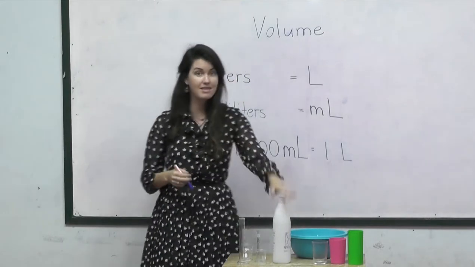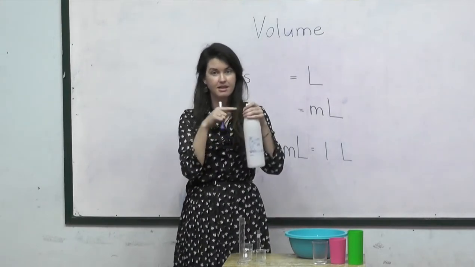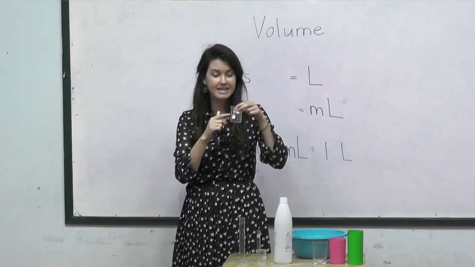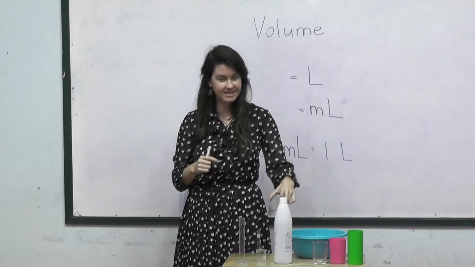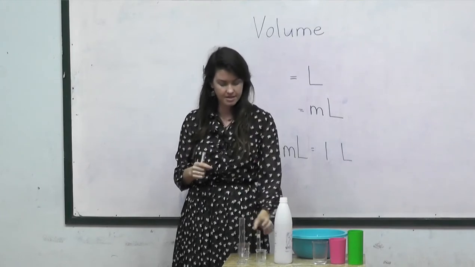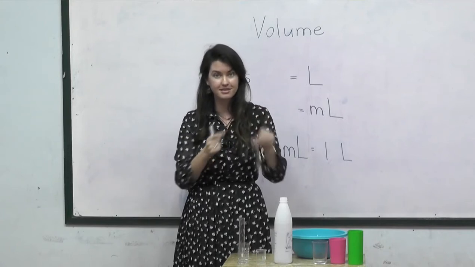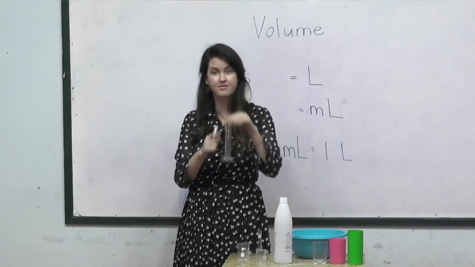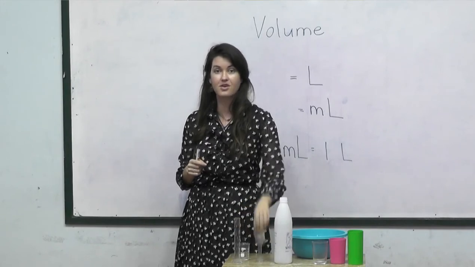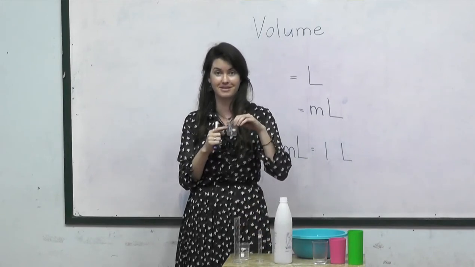So there are 1,000 milliliters inside this. There are 10 of these inside this. This is 100 milliliters. This is 10 milliliters. This is 50 milliliters. And so is this. This is also 50 milliliters.